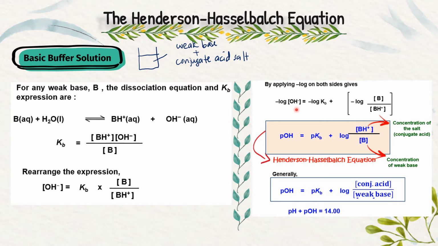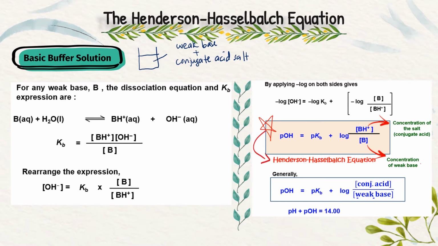Negative log OH- is equal to the pOH. Negative log Kb, kita substitute dia sebagai pKb, dan negative log concentration of B over BH+. Okay, so negatif ni kita tukar jadi tanda positif. Macam mana cara dia? 1 over. So, inilah equation yang kita dapat dekat sini. So, this is the equation that you need to memorize.